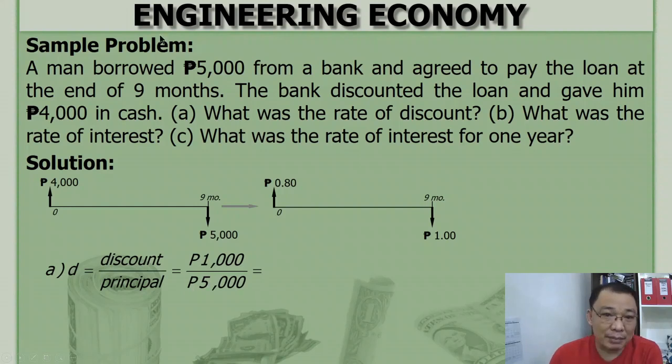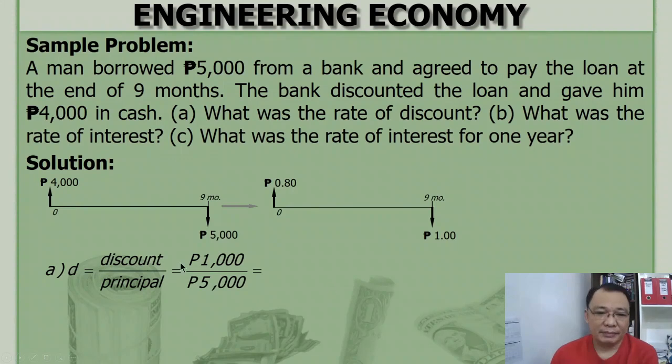The principal that you borrowed is actually 5,000. But the interest was already taken. The bank discounted the loan and gave him 4,000. So, the interest of 1,000 was deducted in advance. So, instead of receiving 5,000, you only get 4,000. Discount is interest paid in advance.